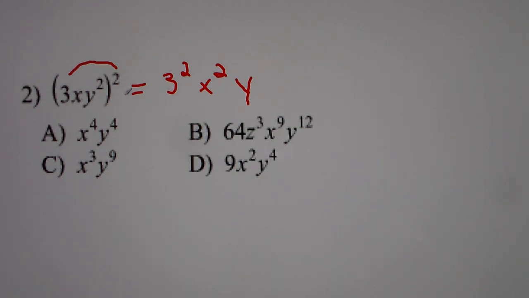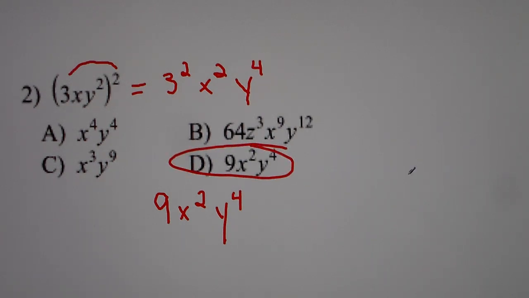When something has a number there in the power already, and then it's being squared on top of it, you just multiply those two numbers. 2 times 2, which gets you 4. So now we have 3 squared, which is 9. Then we have x squared, and then y to the 4th. So it would be D for number 2.